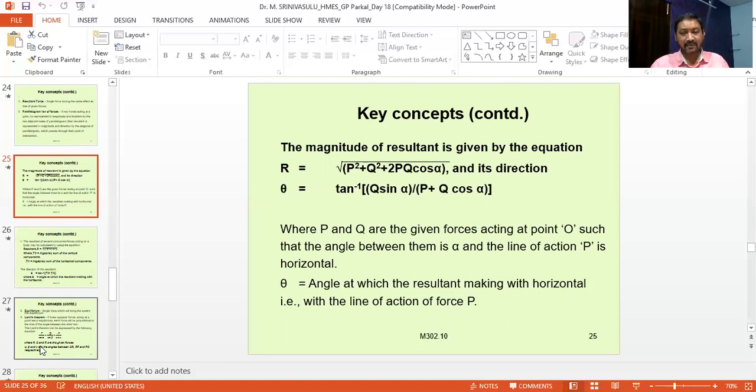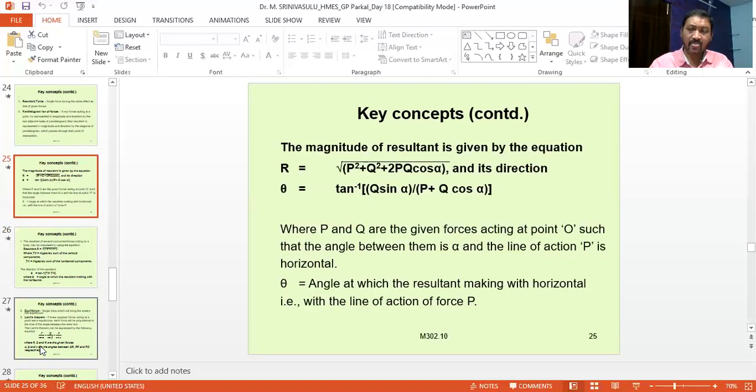Here P is one of the forces, Q is the other force, and alpha is the angle between the forces P and Q. And theta is equal to tan inverse of Q sin alpha by P plus Q cos alpha. Here, a very important thing is that generally P is taken as the horizontal force and Q is the other force. So P is the larger force and Q is the smaller force.